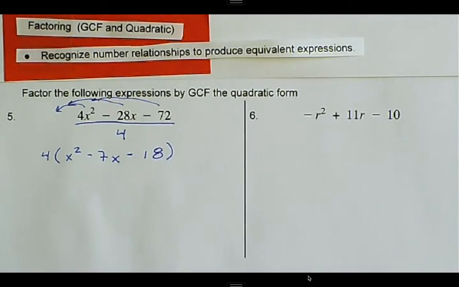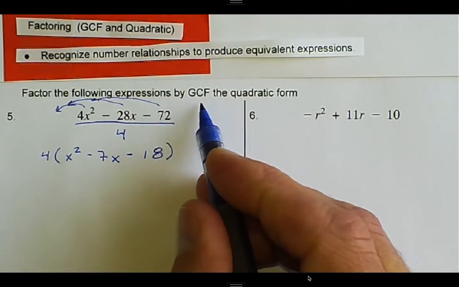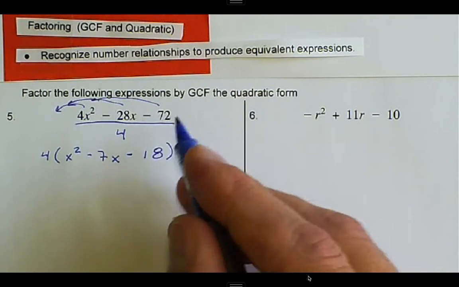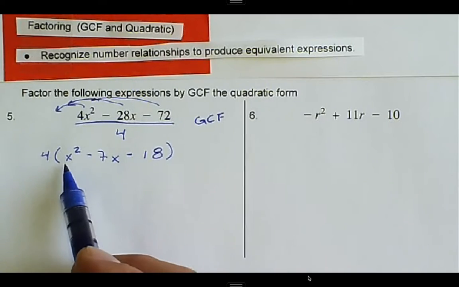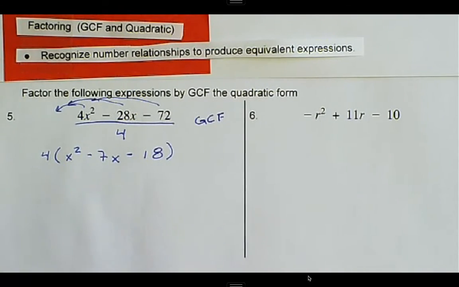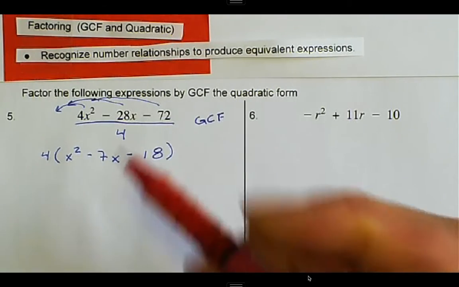Okay, so first part, we did the greatest common factor, and we factored out a 4. So that was our GCF. And now we have a lead coefficient that is 1 and positive. So now we can work on the quadratic form part.